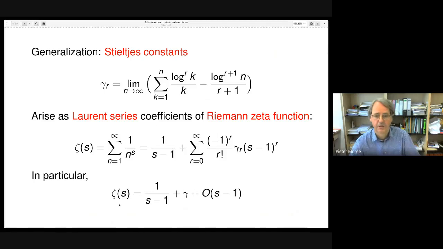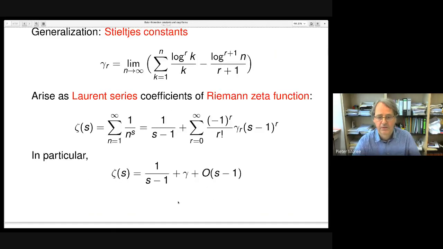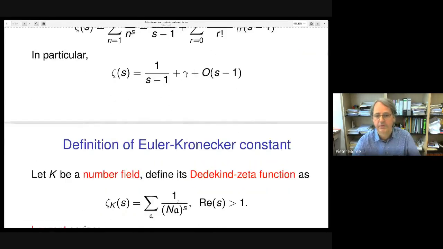In particular, it looks like this. We have some polar part, and then a constant part, and then terms of order s minus 1, which will tend to 0 if s tends to 1 from the right direction. So this is a slight generalization.